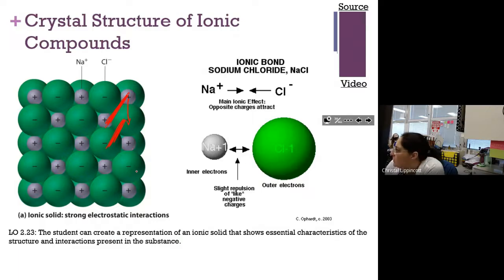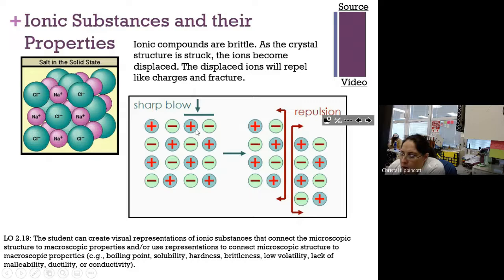What do you know happens with like charges? They repel. So this is why these tend to have very brittle characteristics. If you pound this with a hammer, it's going to shift and cause those things to break off. So that's what they're trying to show you with this slide.